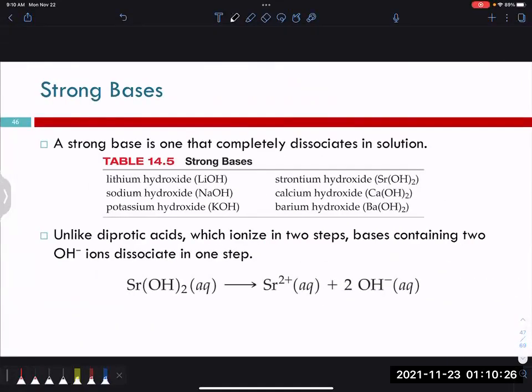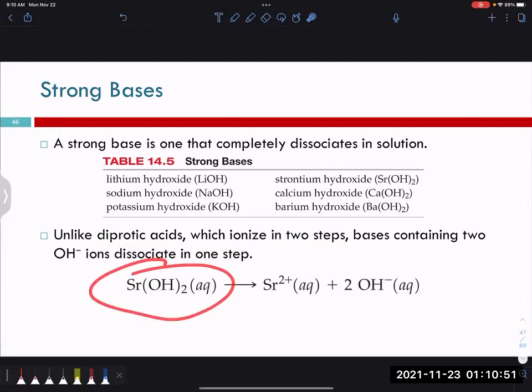So strong bases are very much the same as strong acids, where they completely dissociate in solution. Unlike the polyprotic acids that we talked about, diprotic or triprotic, which ionize in steps, bases ionize all at once.